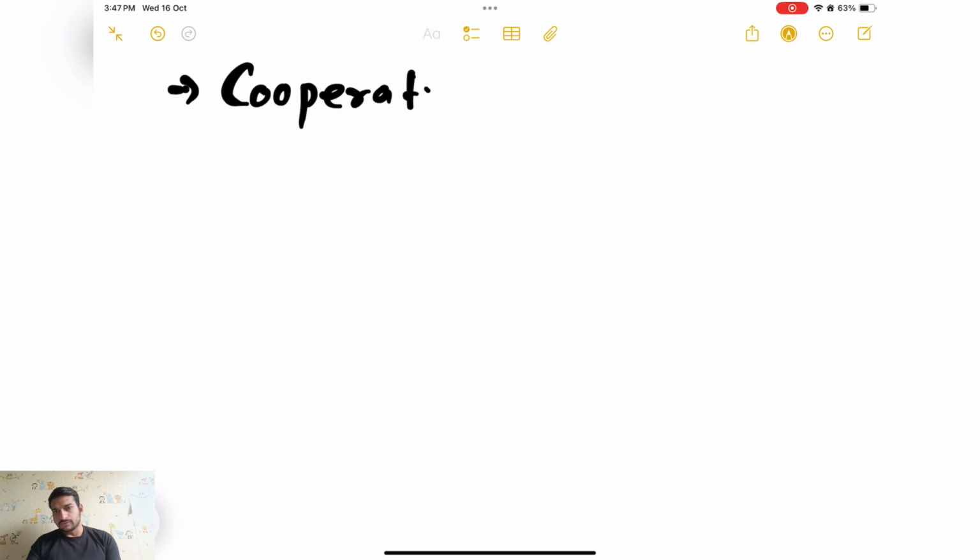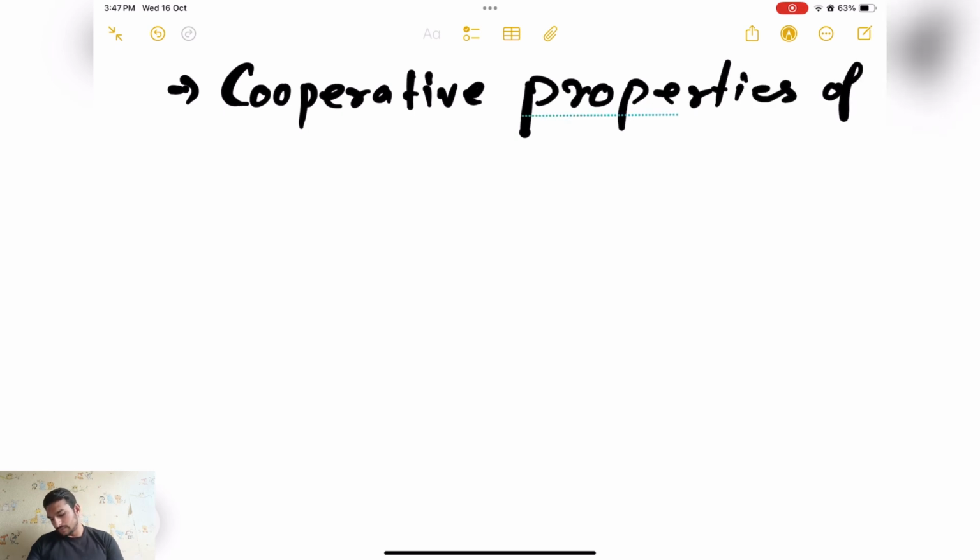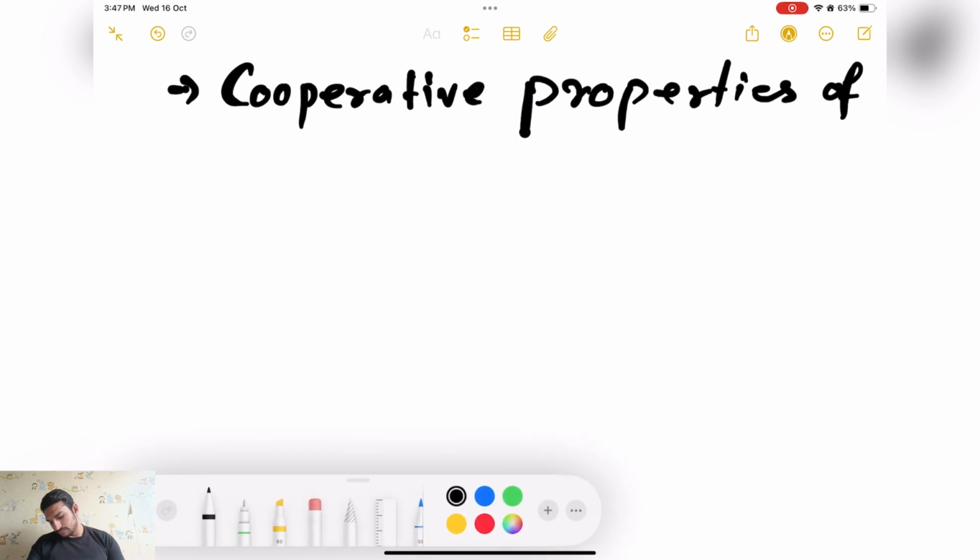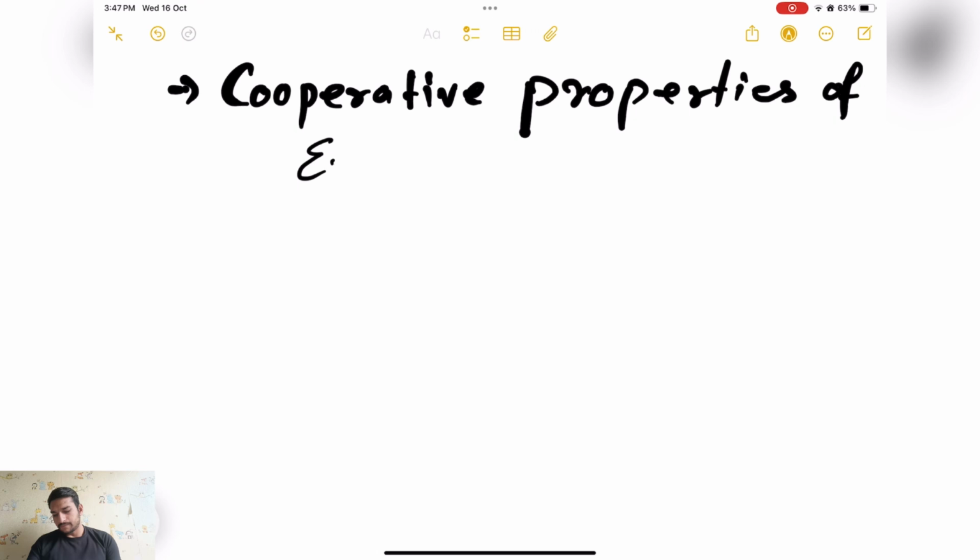Now we discuss the cooperative properties of enzymes.